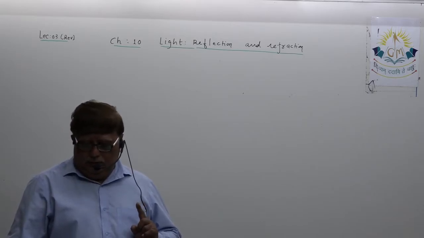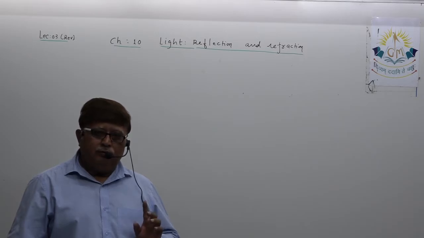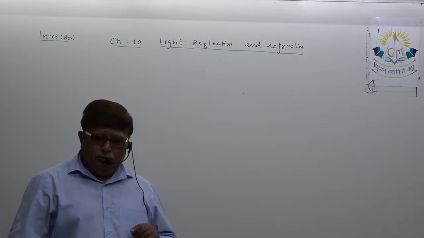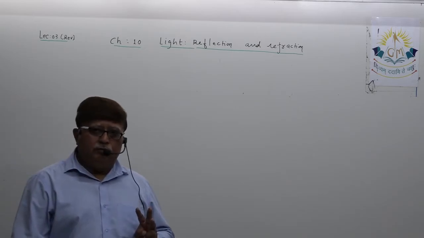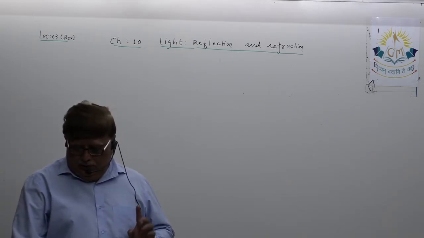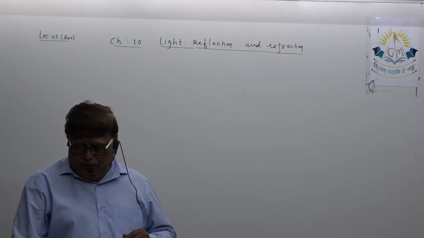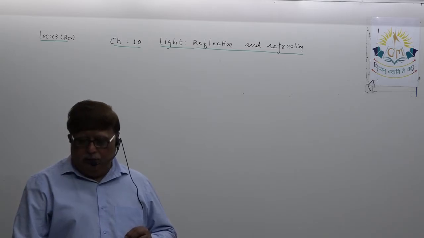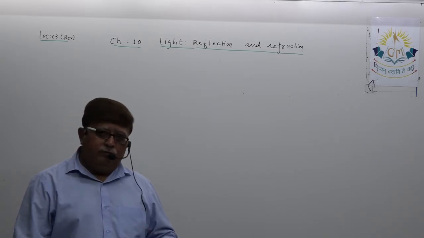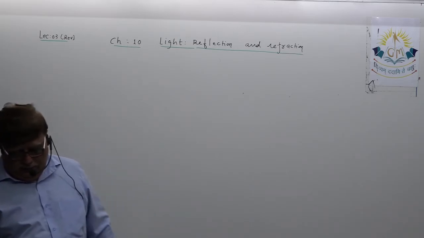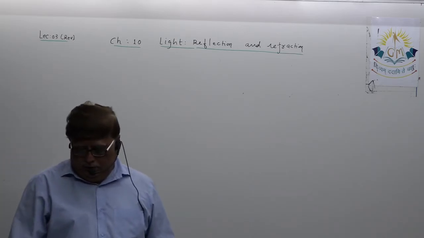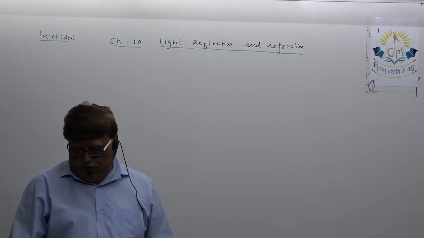A concave mirror produces 3 times magnified or enlarged real image of an object placed at 10 centimeter in front of it.